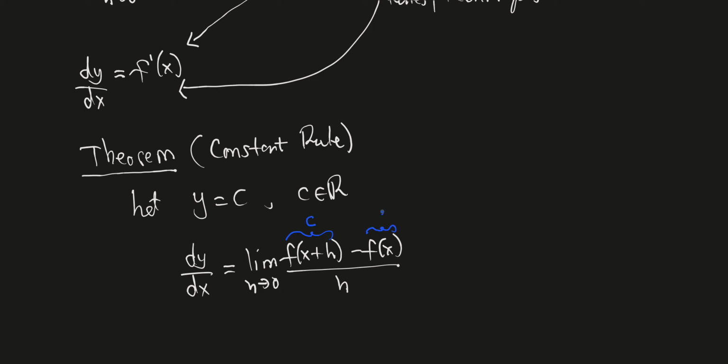Similarly there. So in the numerator, everything cancels out. Now isn't that wonderful? When you think of the other numerators that we've dealt with, everything didn't cancel out. In fact, we were left with sometimes really complicated expressions. But now we have the limit as h approaches 0 of c minus c, which is 0, over h.